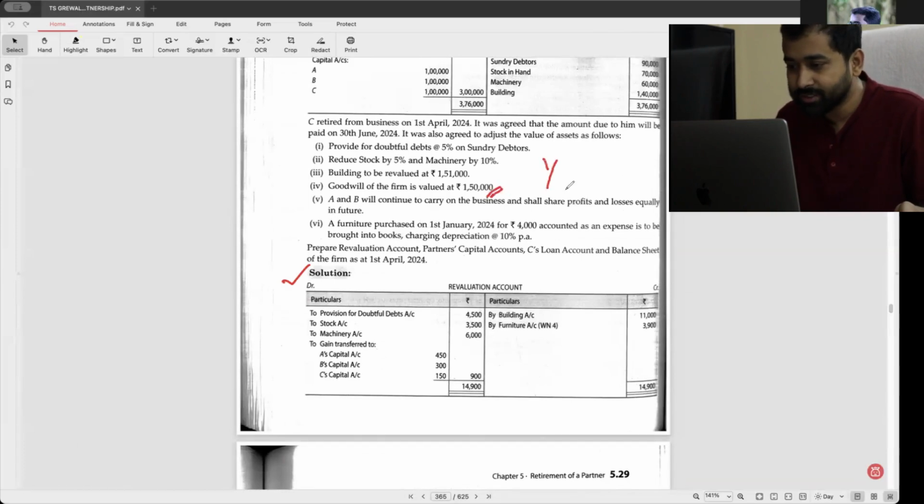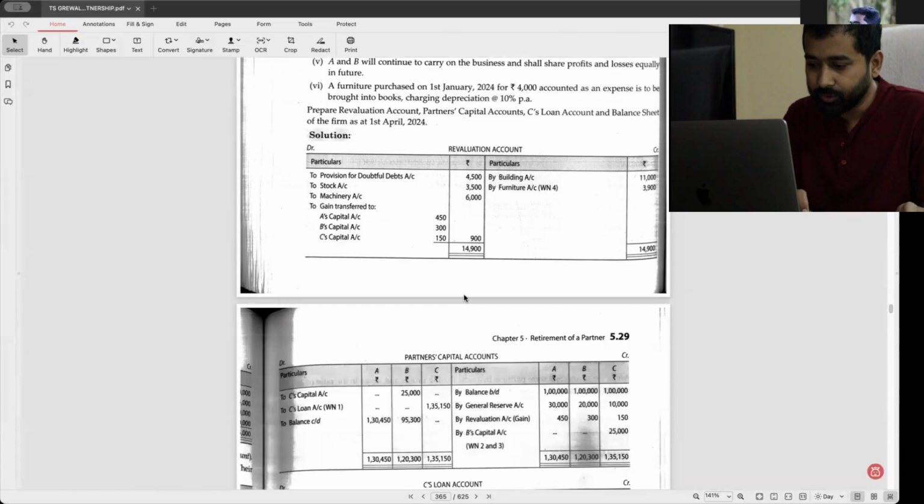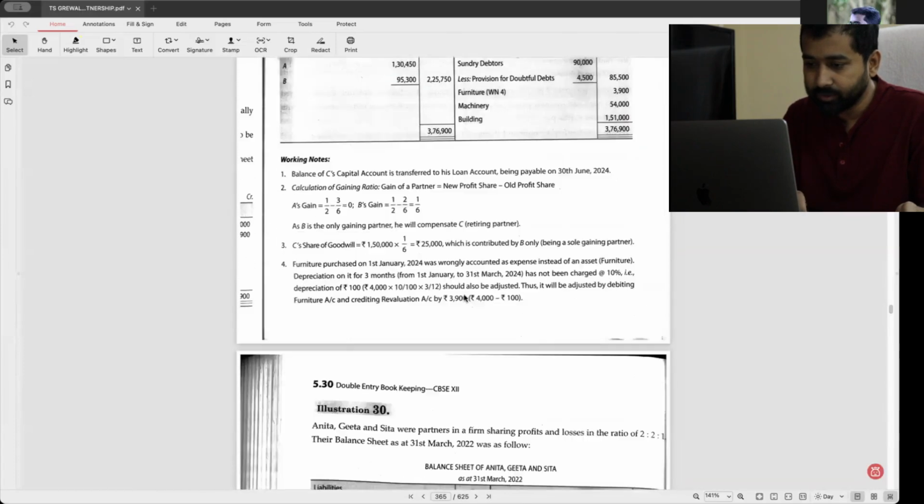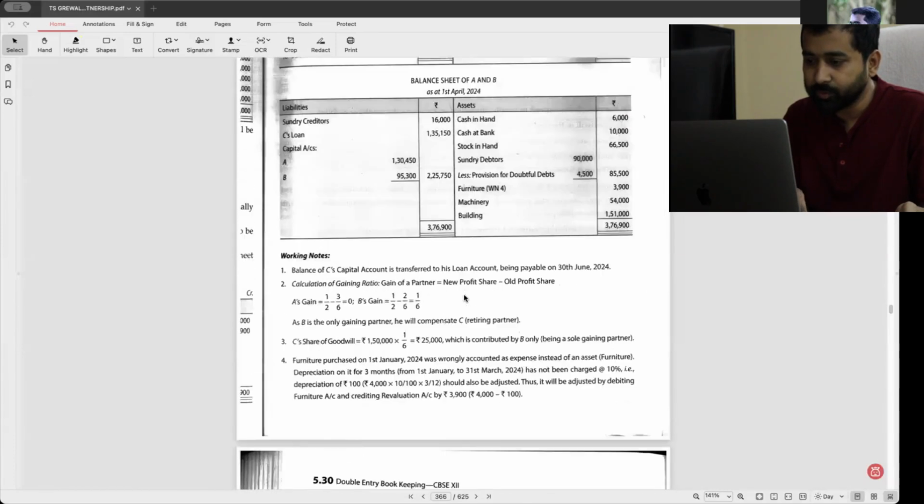Now 1/6 of 1,50,000 will be given to partner C. So 1 by 6 of 1,50,000, you could find out the amount is 25,000. So B will give it.